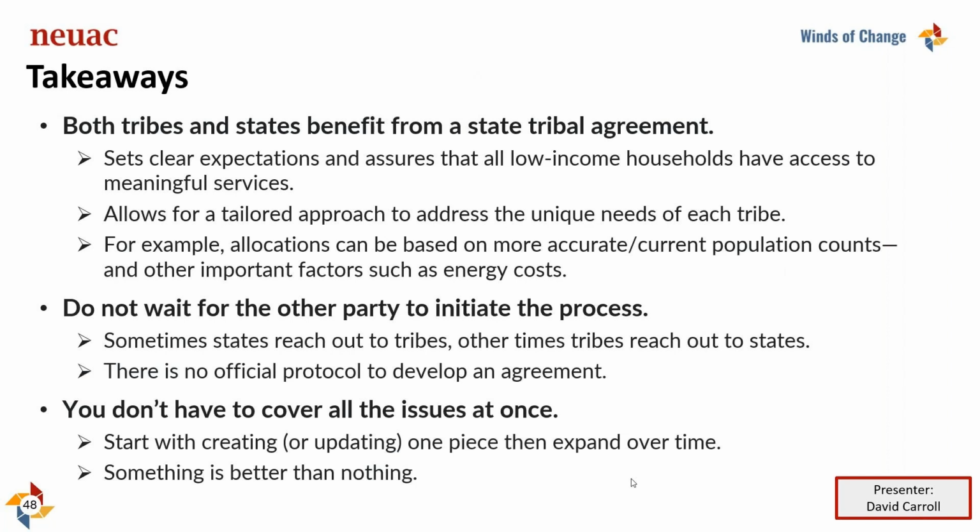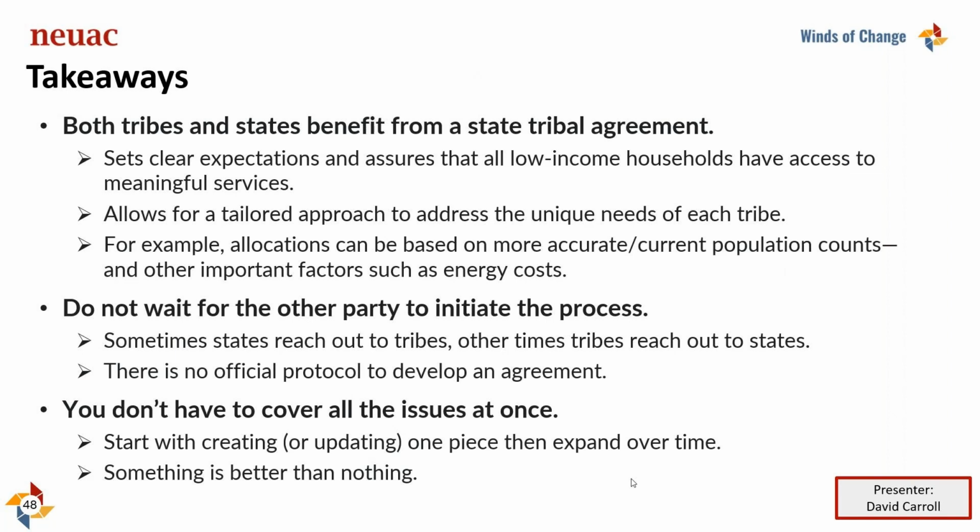I think what she was just talking about is exactly the major message here. The importance of the state and tribal agreement is that it sets clear expectations and assures all low-income households have access to meaningful services, but it allows for tailored approaches to address the unique needs of each tribe and each person within a tribal area.